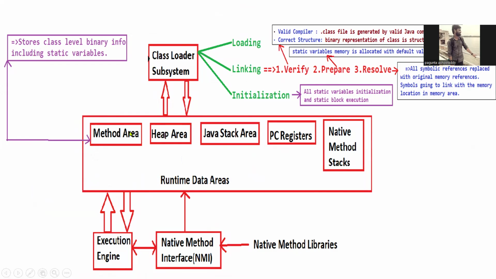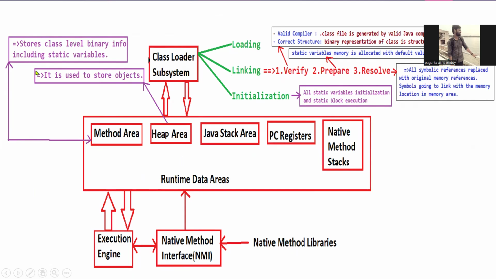First is the method area, second is the heap area, third is the Java stack area, fourth is the PC register, and fifth is the native method stack. The method area stores the loaded bytecode class-level binary information, including static variables. We can say this is the class-level binary information metadata. Then the second one is the heap area. The heap area is used to store objects only.